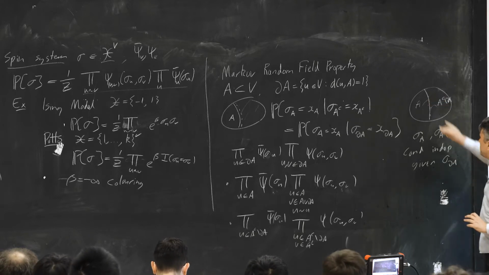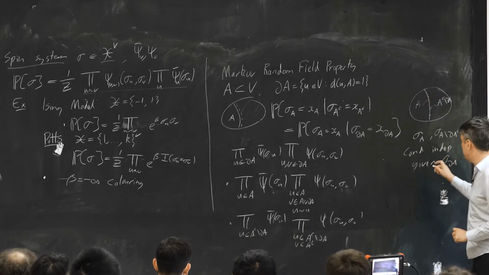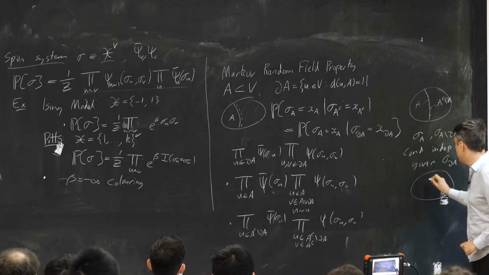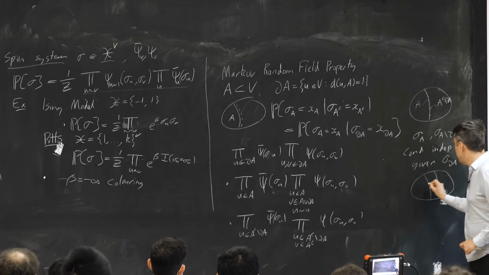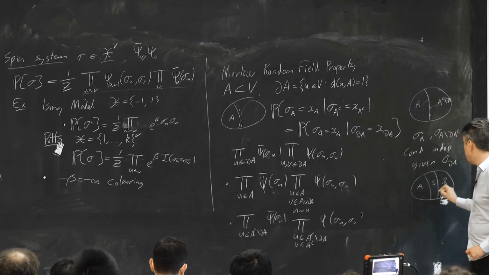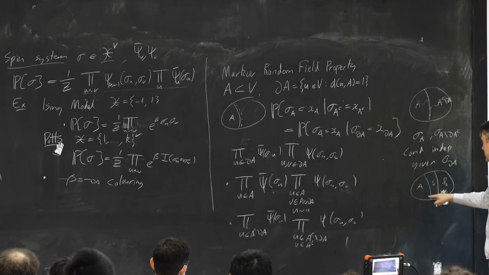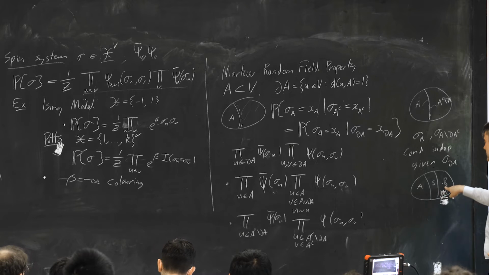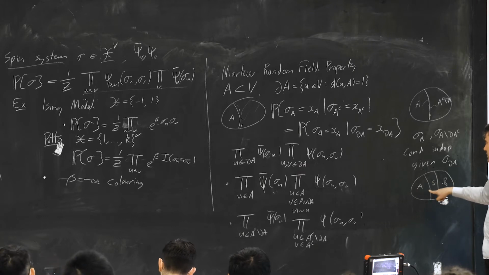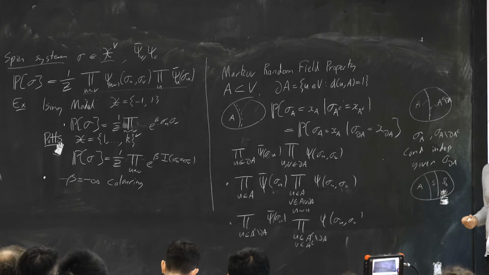And actually this would be true for any set S that separates A from B, so that there are no edges going from A to B. Given the coloring on S, the coloring on A and the coloring on B are conditionally independent.